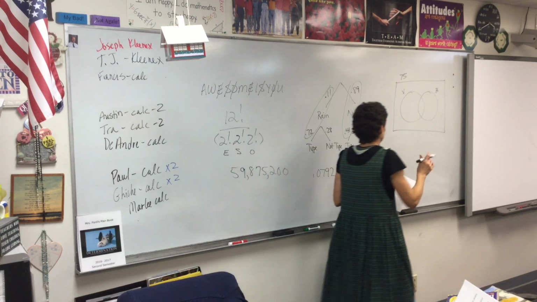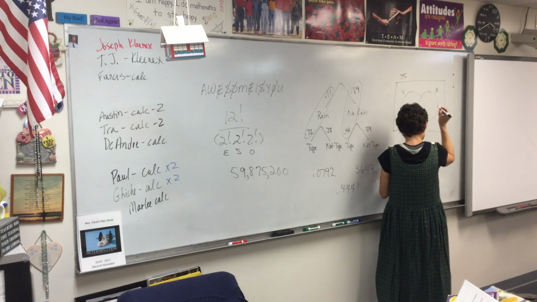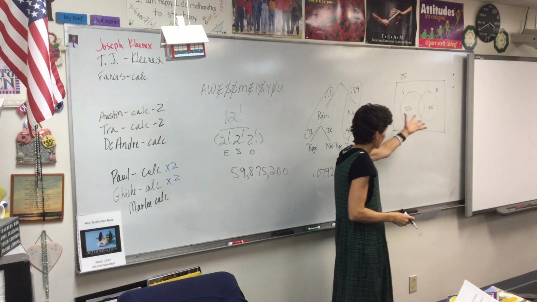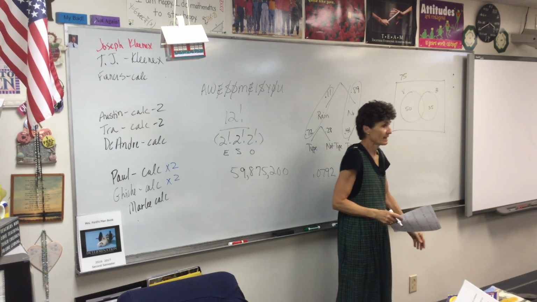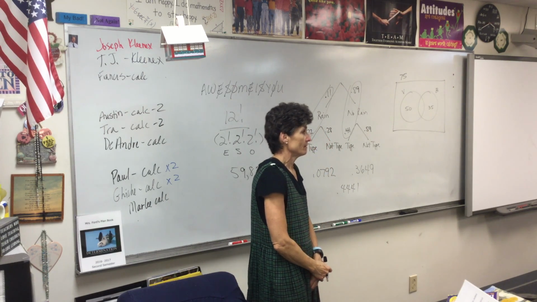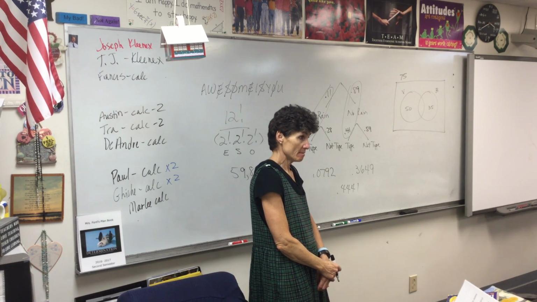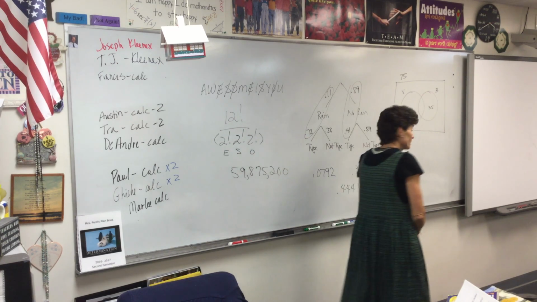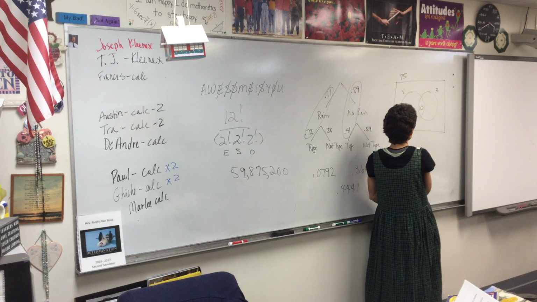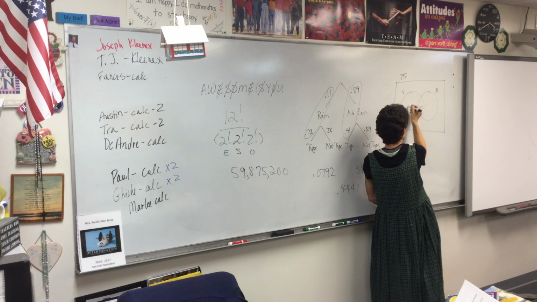Now, don't put 50 here and 35 here. What's wrong with that? It's too much. How much too much is it? 10. What does that mean? There's 10 in the middle. And then if there's 10 in the middle, there must be how many here? 40.